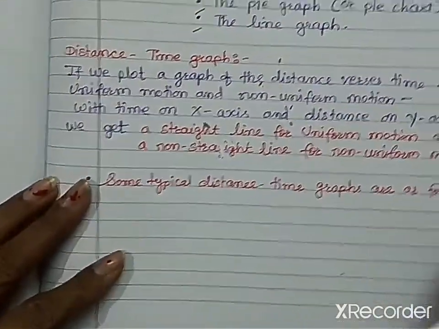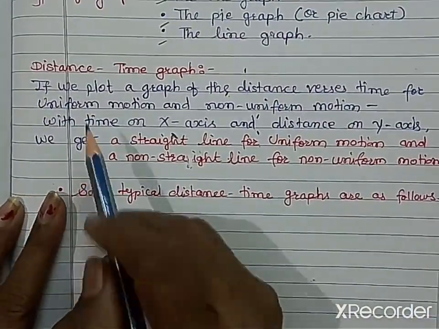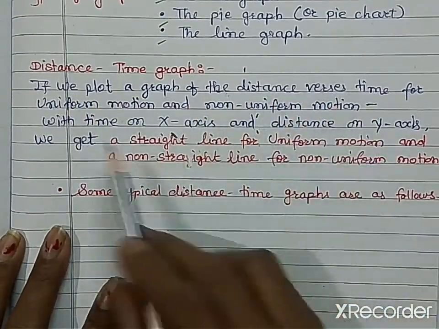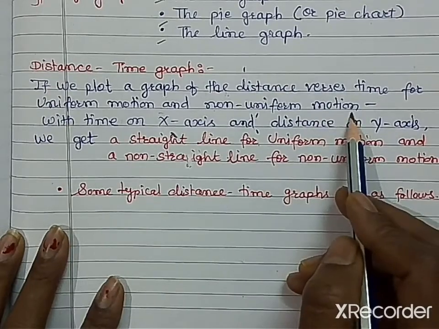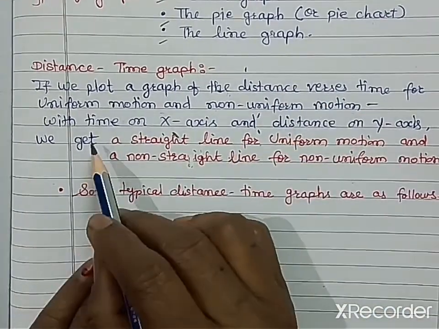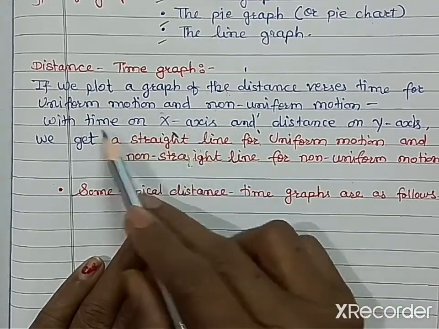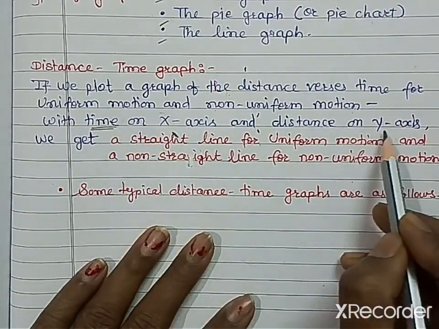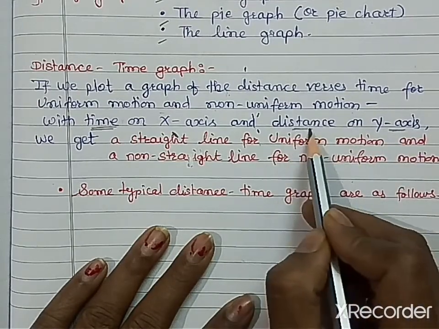Then we will see the distance time graph. If we plot a graph of distance versus time for uniform motion and non-uniform motion, what type of graphs will we get? We denote time on the x-axis, and on the y-axis we show the distance.